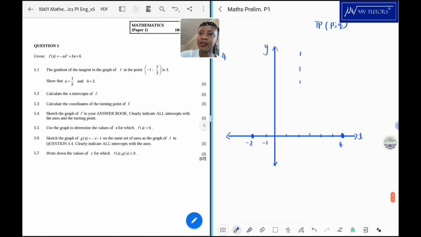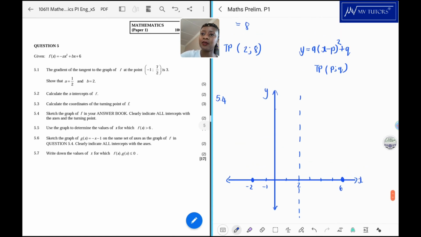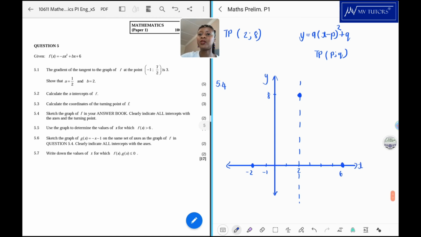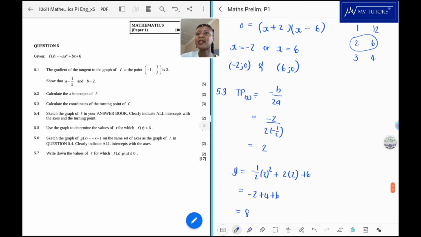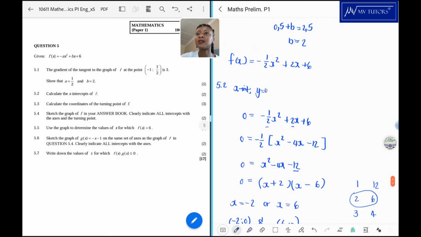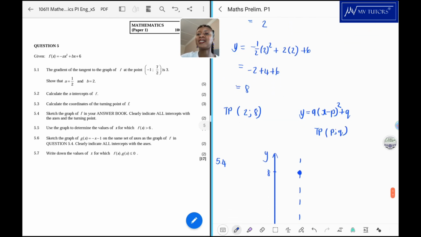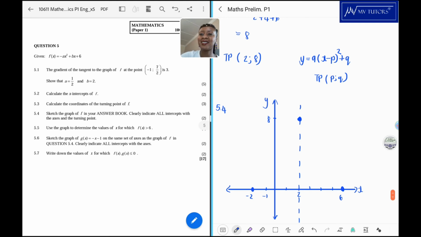So we have that dotted line there. So it's at 2 and 8, right? So I'm just going to say that's 8. So that is our turning point. And what else? Yeah, turning point and, oh, the y-intercept. So the y-intercept, we got, oh, we didn't calculate it. Oh, we don't need to calculate it. The y-intercept is 6. So from the graph, if you make x 0, you're going to pass 6.